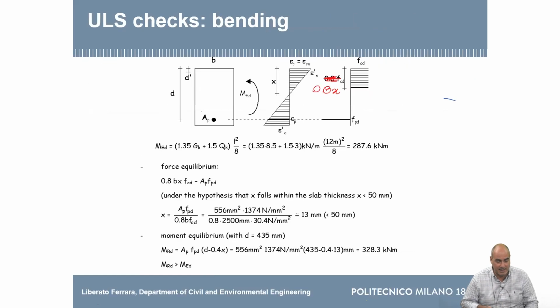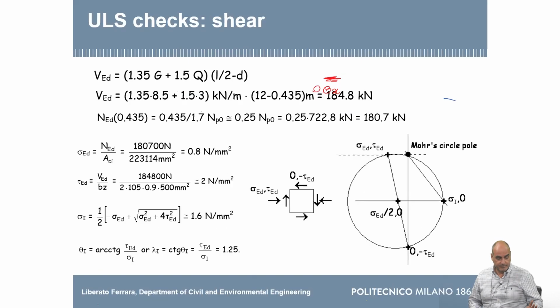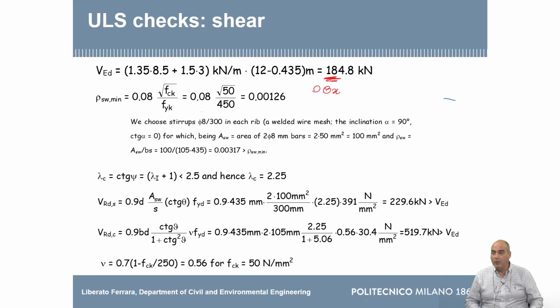And there is one last thing that we have to consider, which is shear. Okay, how do we check shear? Well, in the codes, we have the truss model. We hypothesize that there is a truss.